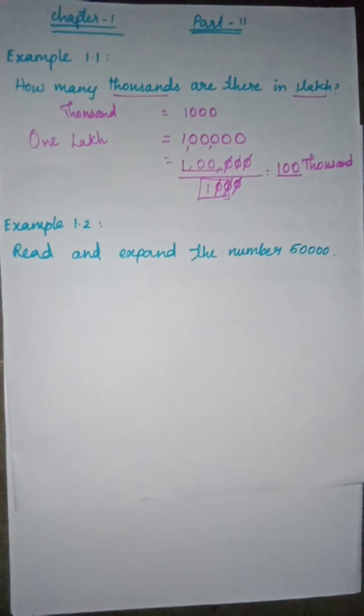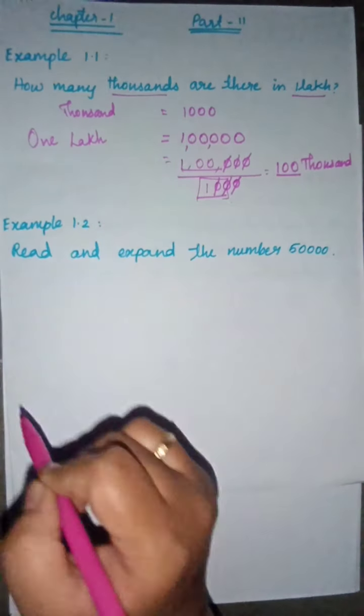So your father should pay 100 notes for 1 lakh rupees as 1000 rupees notes. Can you understand the question and can you understand the answer, how we have to do it? Okay, the next.